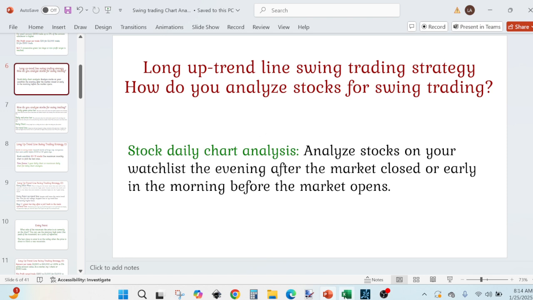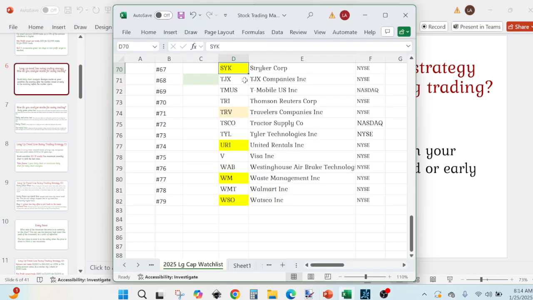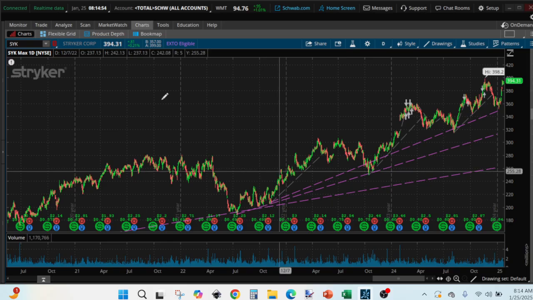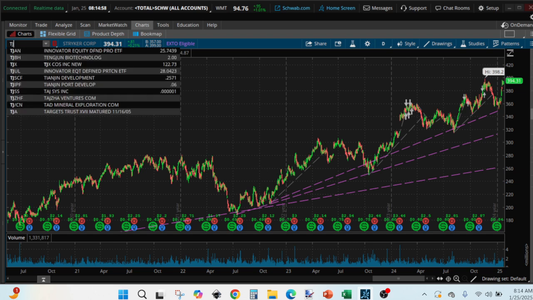So we have our watch list open, and you can open yours as well, and we are going to analyze this portion of the watch list to give you an example of how we analyze stocks using a long option and swing trading strategy.